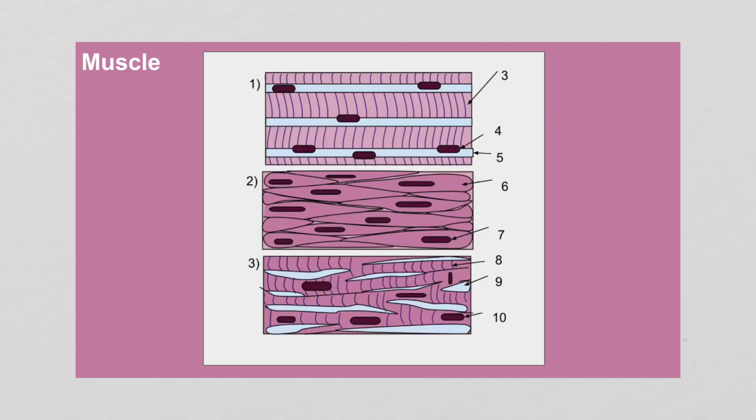And then the third one is cardiac tissue. It's striated, similar to skeletal muscle. It's involuntary. We fortunately don't have to think about our heart beating. And it also has kind of special attachments in between the cells called intercalated discs.